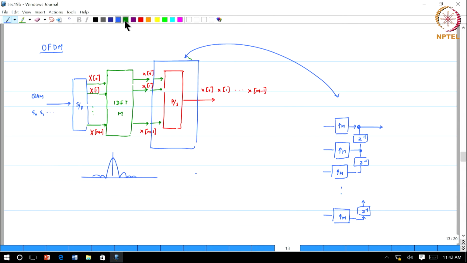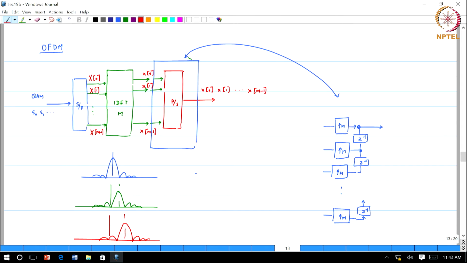The second filter is a shifted version. The third one is one more shift.